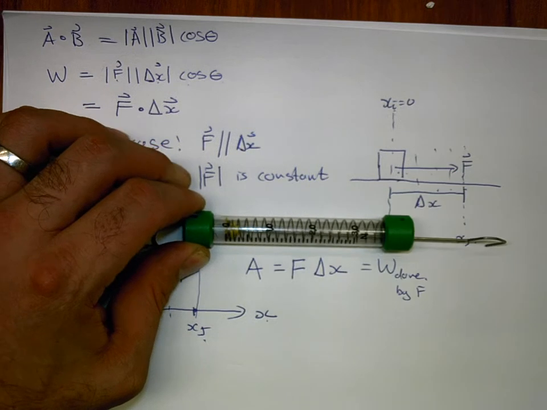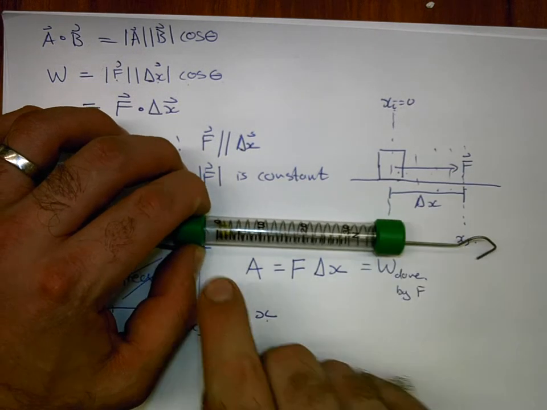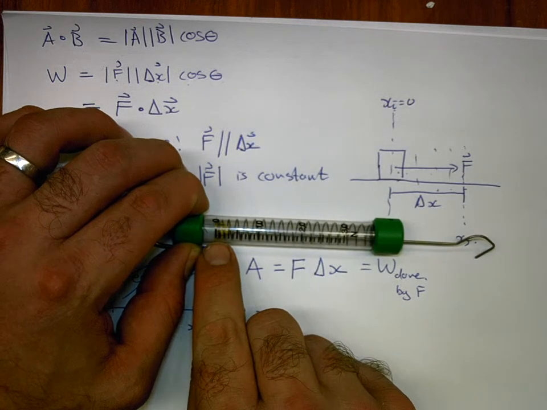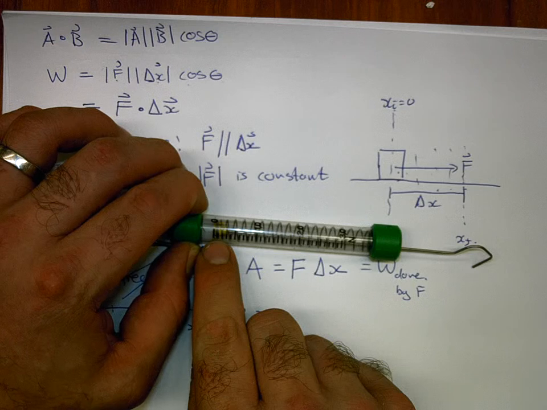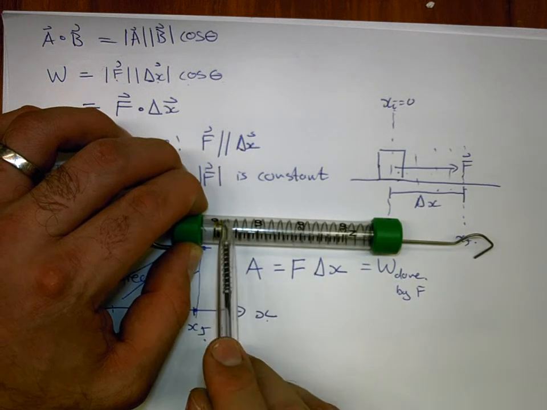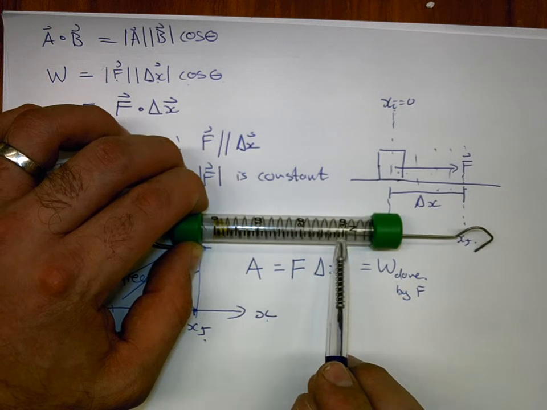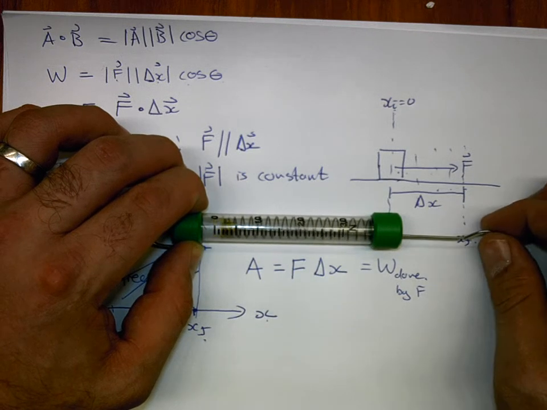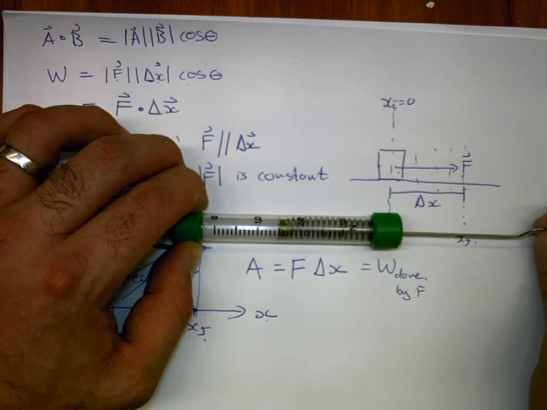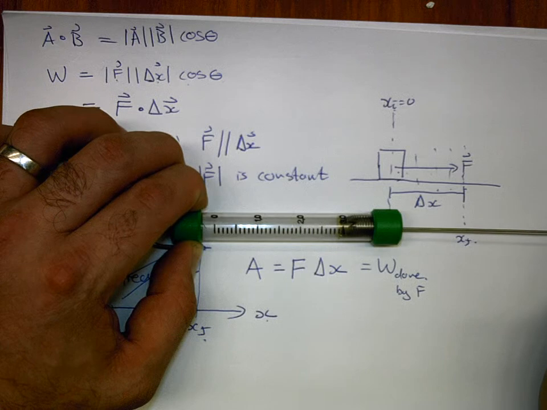If you read this, this is essentially a force meter. So this yellow little plunger at the end tells me how much force I'm applying. Right over there is 0. There is 2 newtons, 3 newtons. So as I'm pulling on the end of the spring, the further I pull the spring out, the larger the force I must apply to pull it further.